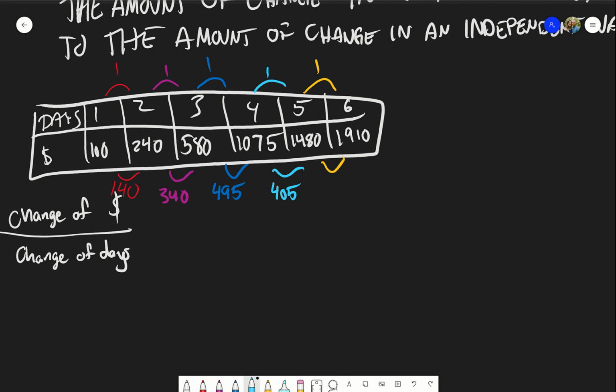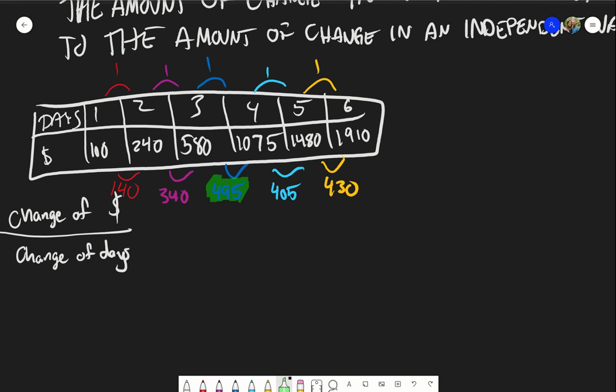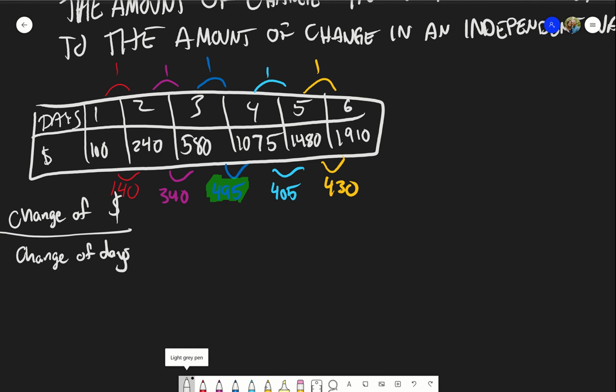And then finally I have 1910 minus 1480 gives me $430. So I can see how this is changing each day, and I can tell my biggest change here happened to be in between days 3 and 4, where we as a school made an extra $495. That's the biggest amount we made for this move-a-thon.